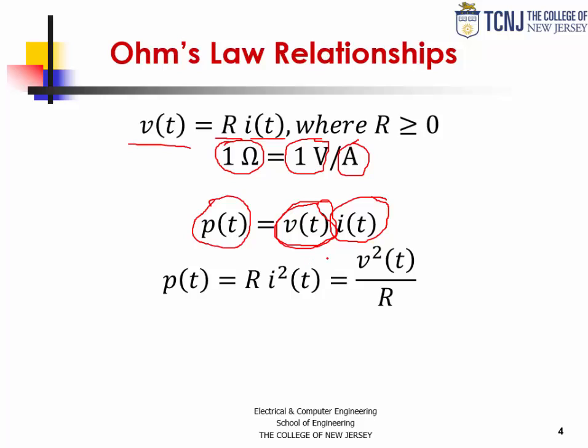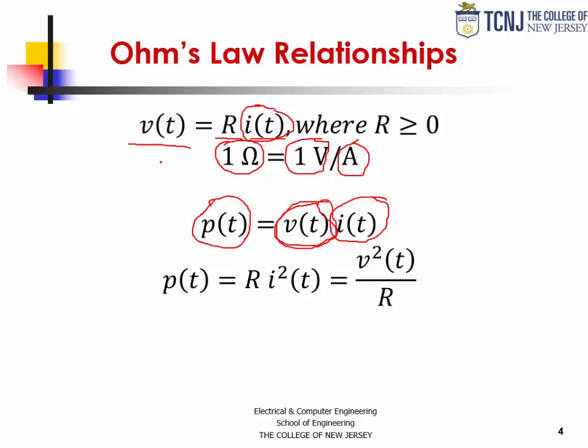Similarly, if I substitute for the current the voltage divided by the resistance, in essence solving for the current in this equation, isolating the current by dividing both sides by the resistance, because I know that the resistance is greater than 0, then I get that the current through the resistor is equal to the voltage across it divided by the resistance.